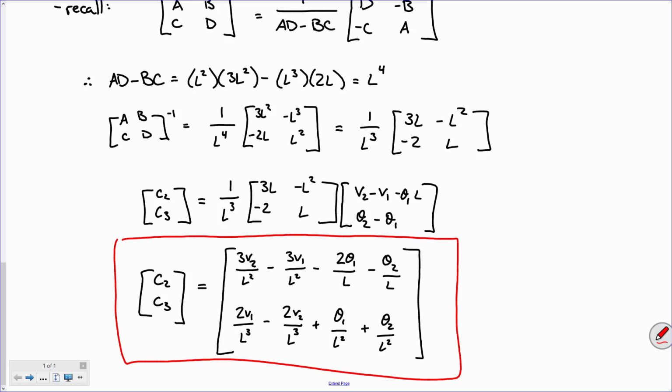Let me give you all a moment because y'all are still writing. So far, so good. Does everybody have all this written down? Okay, all right.